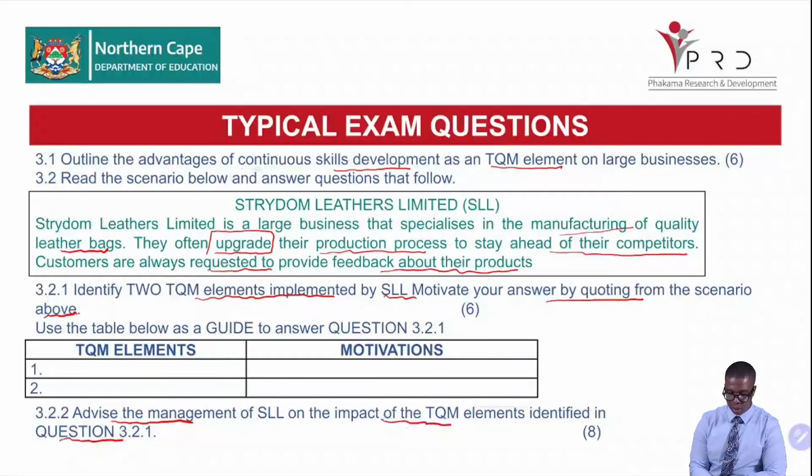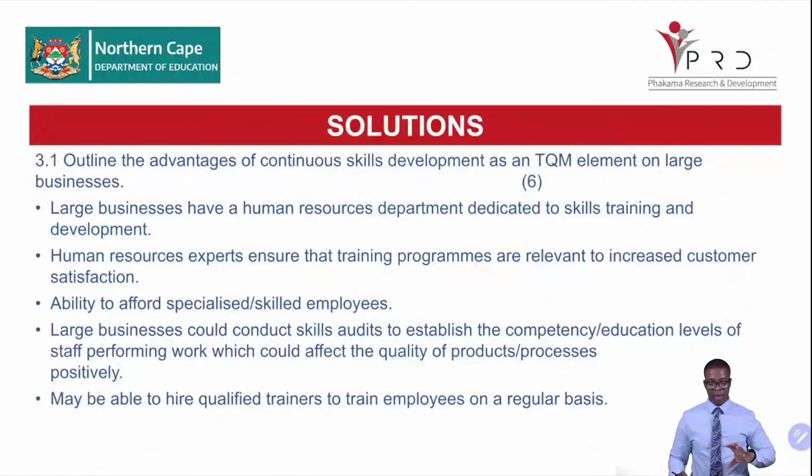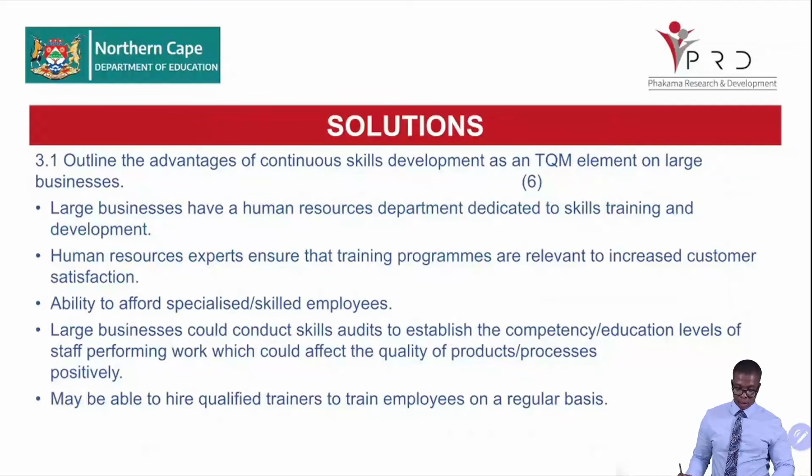We are going to be looking into outlining the advantages of continuous skills development as a TQM element in a large business. Now, let me start here by explaining this total quality management. The advantages of continuous skills development as a TQM element. We should understand one aspect.